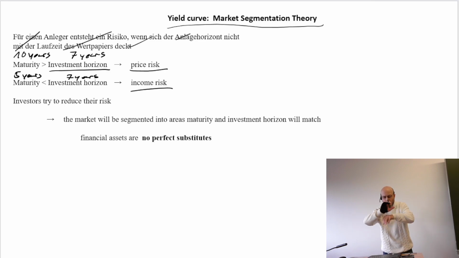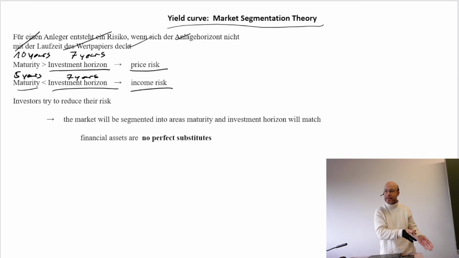So, if these investment horizon and maturities do not match in general, then we can think that the market segments into, let's say, a short-term segment, a medium-term segment, and a longer-term segment. And for all these 3 segments, we will find different prices, different interest rates.